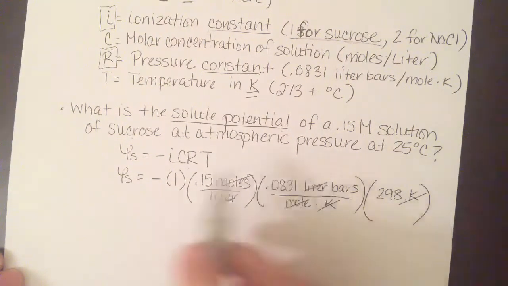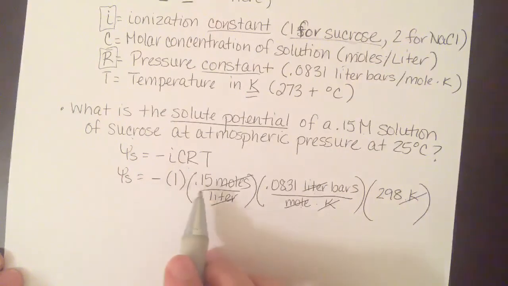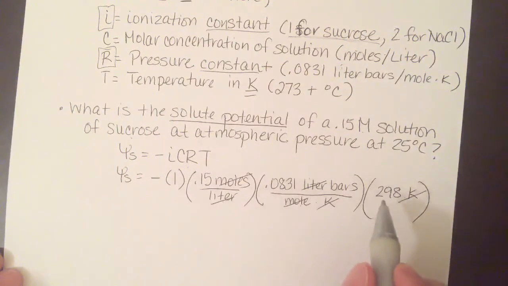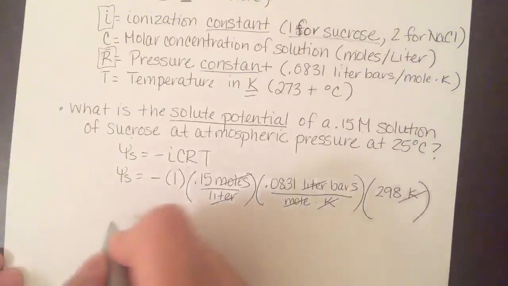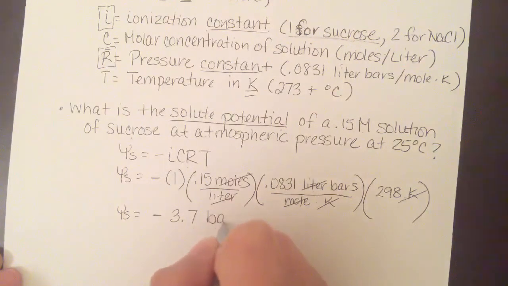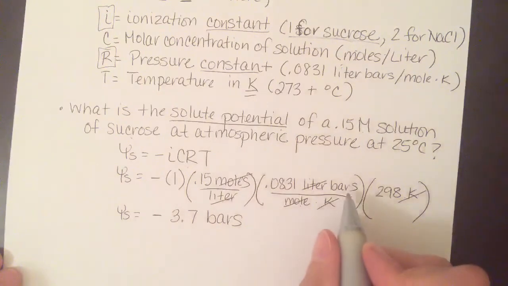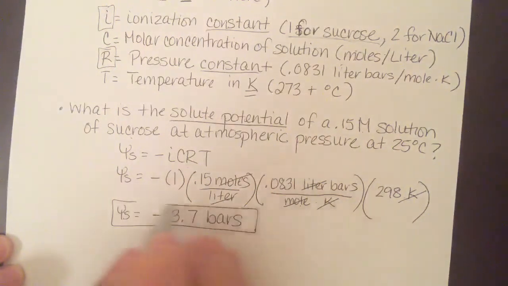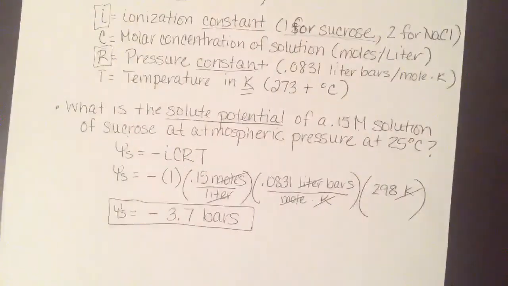It's going to be in bars. So I take negative 1 times 0.15 times 0.0831 times 298, which gives us what? If we calculate all that out and round, it's negative 3.7, and our units are bars. All right, so that is the answer to my problem about what is the solute potential.